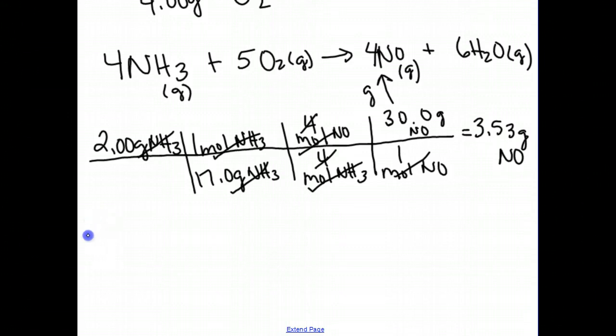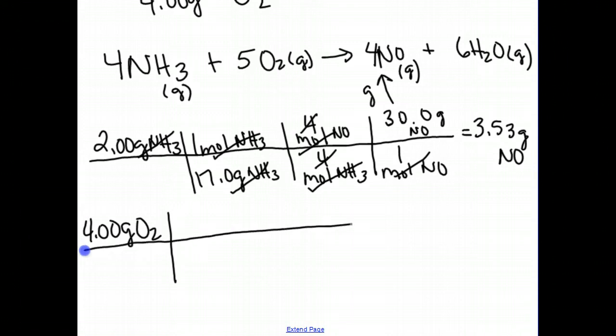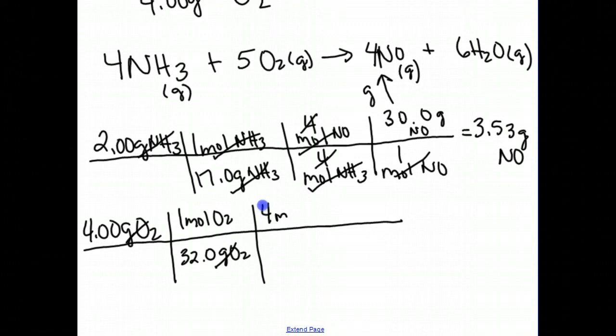Next, let's take our oxygen. We have 4.00 grams O2. That was given to us in the problem. We know by looking at the periodic table and using our molecular mass, 1 mole O2 equals 32.0 grams O2. So here our grams O2 is going to cancel. We're next going to use our mole-to-mole ratio. We have 4 moles NO for every 5 moles of O2 that is put in.